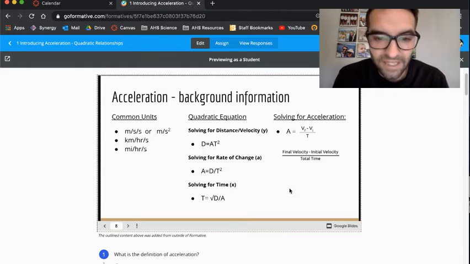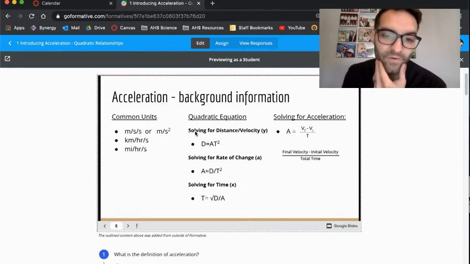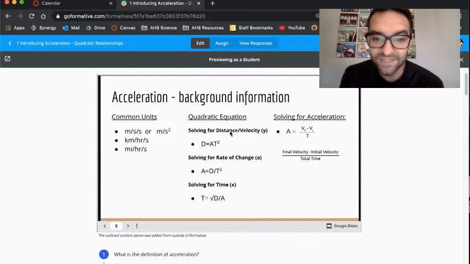Now, just like with our linear pattern, we were able to solve for distance, we were able to solve for time, we were able to solve for velocity, and now we're still able to solve in really two different ways.